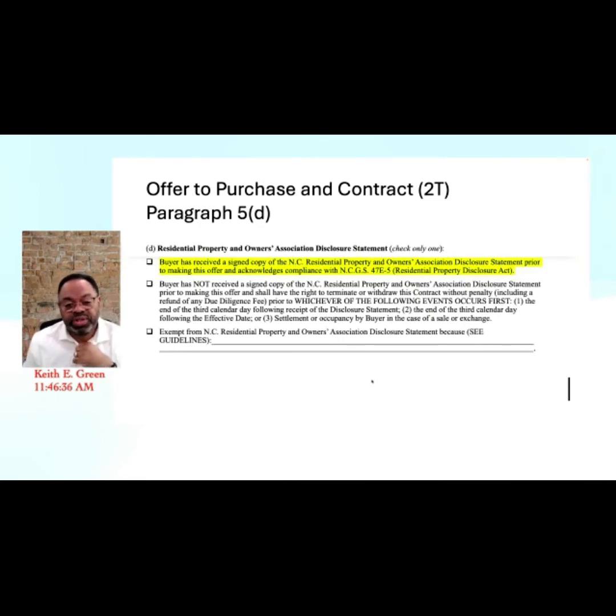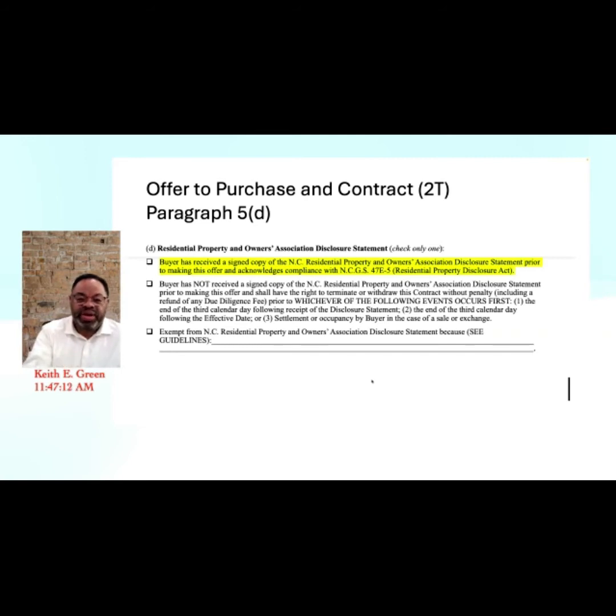With regard to the Residential Property Owners Association disclosure statement, there were some issues. With the high due diligence people have been putting up in this last year with the way the market has been, some people have backed out of the contract, and a means of backing out and trying to get their due diligence back is saying that this form, according to the Residential Property Disclosure Act, was not delivered prior to the offer.